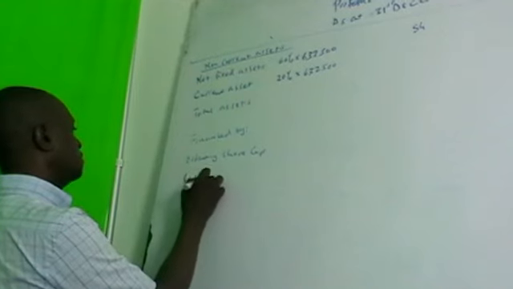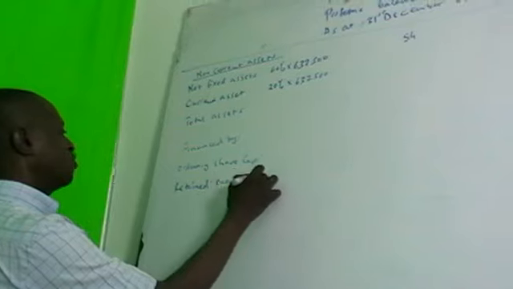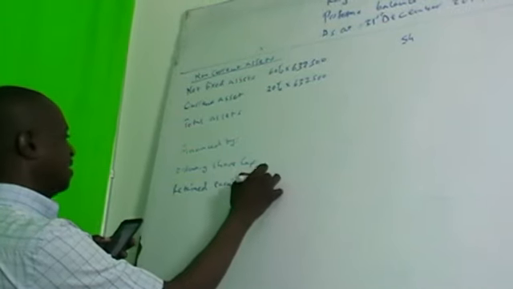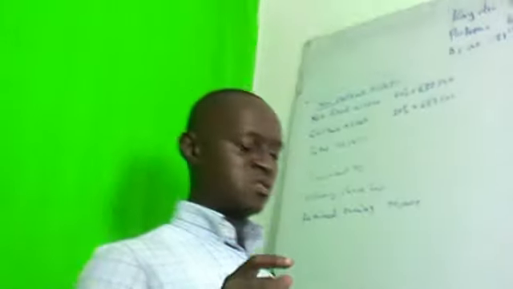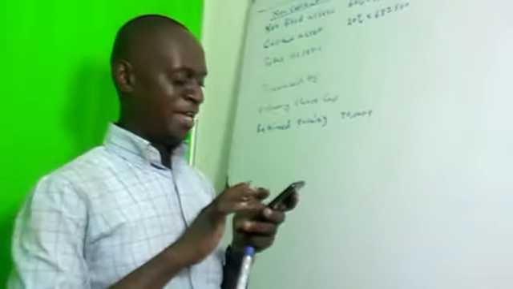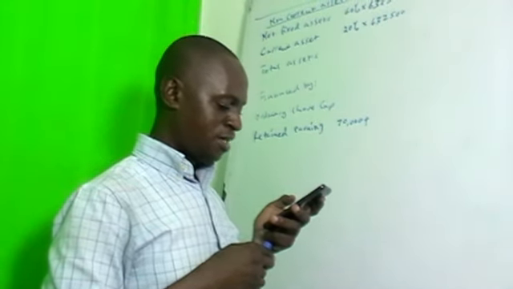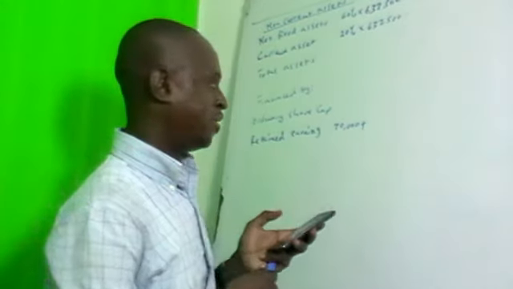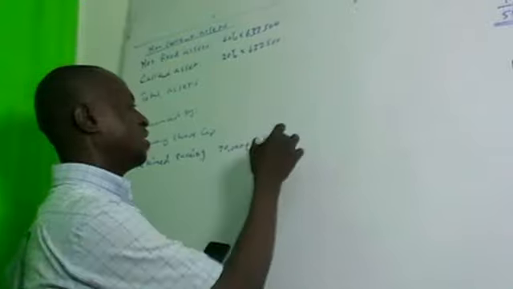Then we have retained earnings. The retained earnings for the year 2017 was 70,000. So you are going to add what was retained in the year 2018 and what was retained in the year 2019. For the year 2018, we retained 13,800.